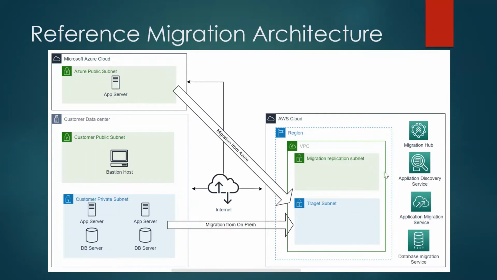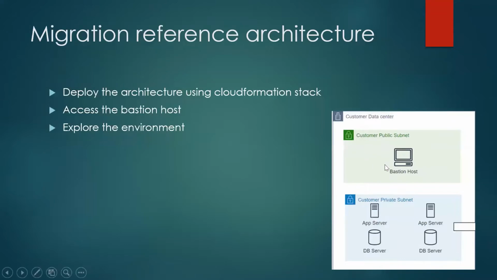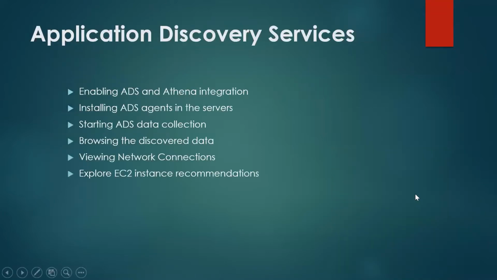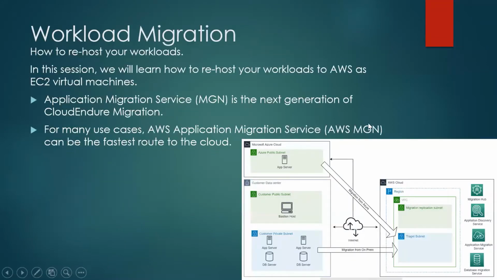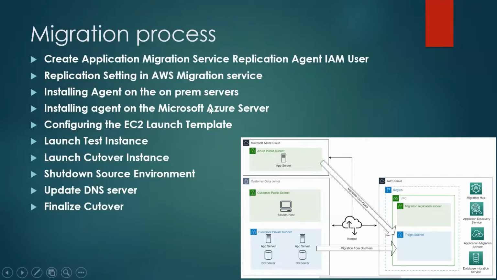So moving forward, at a high level, we deployed the architecture, explored our environment, installed the Application Discovery Service agent, and ran various queries in Athena to explore the data. And then we started with workload migration and migrated the whole environment from the on-premises customer data center and AWS to Microsoft Azure to AWS.